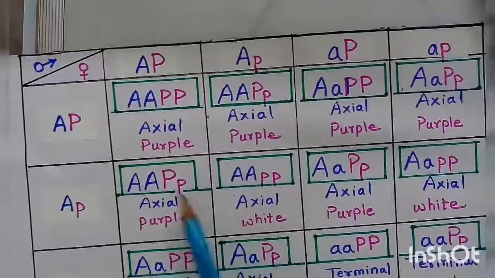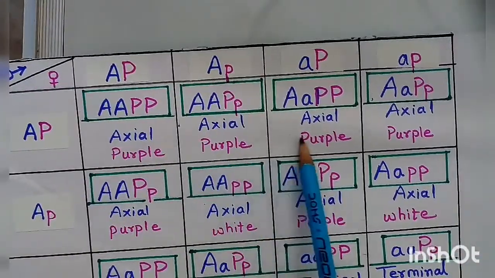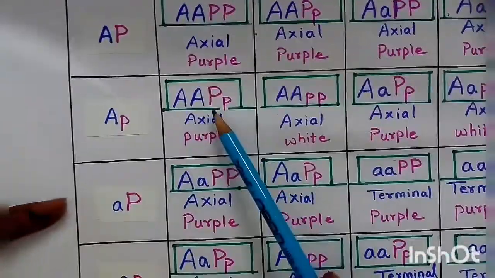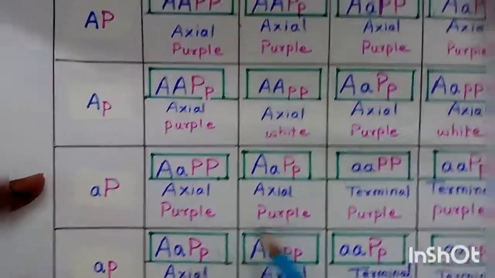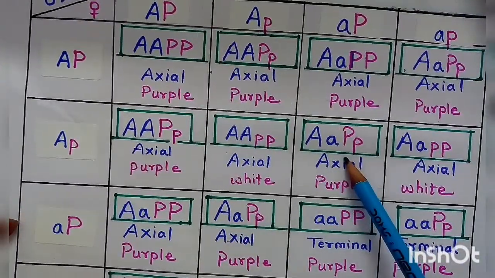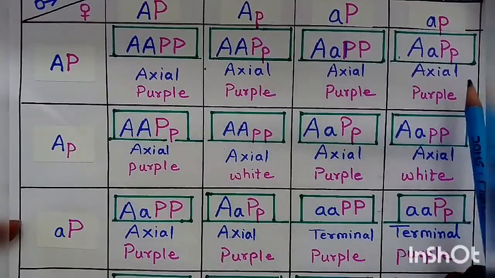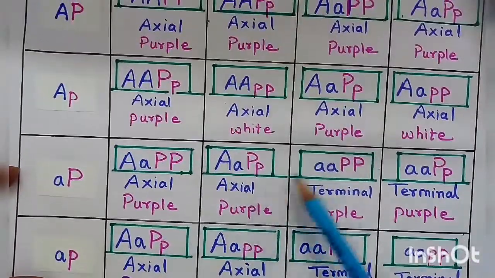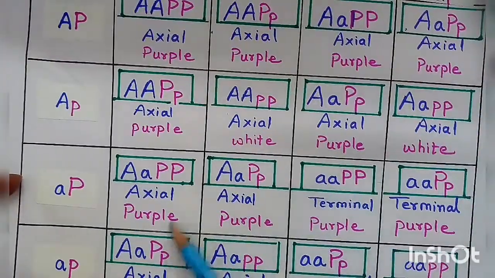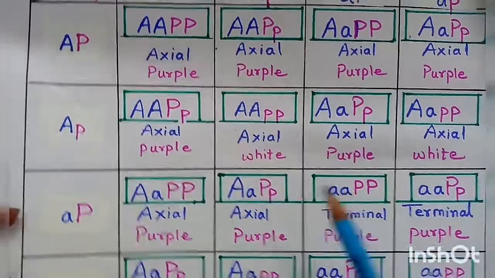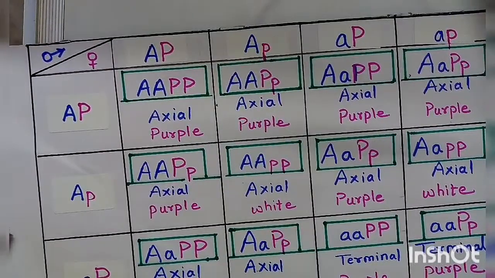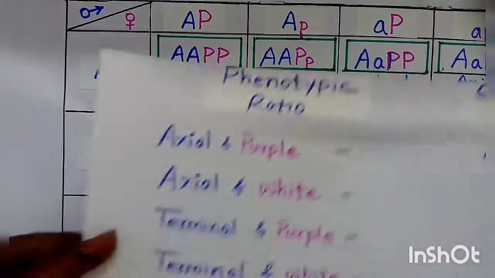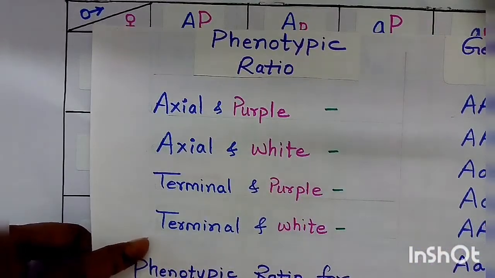So count 1, 2, 3, 4. All are axial purple. 5, 6, 7, 8 and 9. That means this straight line and this diagonal line all are axial and purple. So the total number of plants having axial and purple is 9.